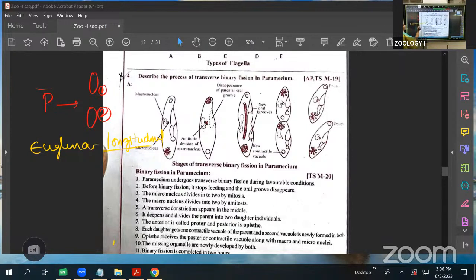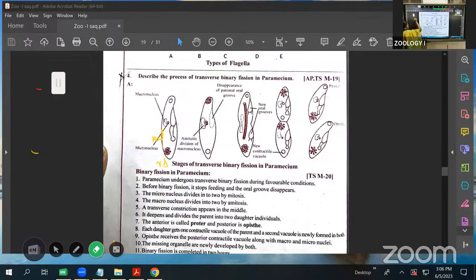In paramecium it is transverse, meaning they divide horizontally. So 2 types of binary fission are there, and the first one, transverse binary fission, we are going to discuss here.